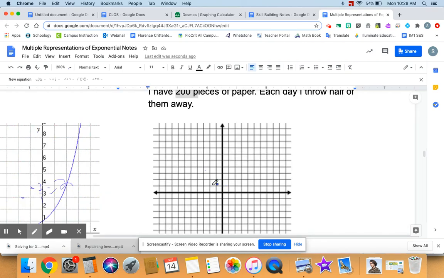So if this first tick mark counts for 20, this one's 40, this one's 60, this one's 80, this one's 100, this one's 120, 140, 160, 180, and then this one would be 200.